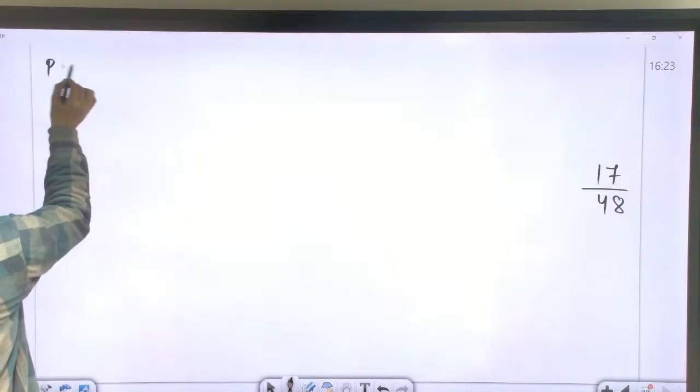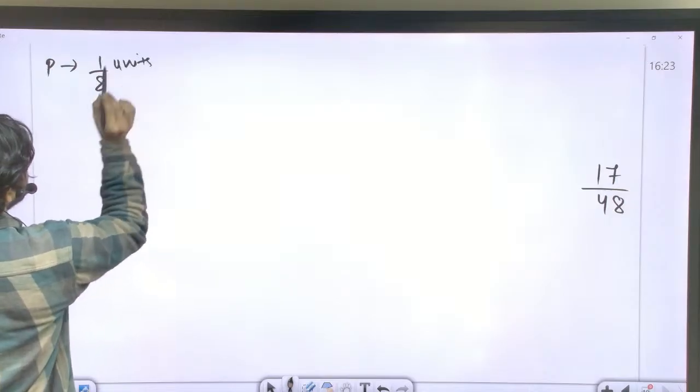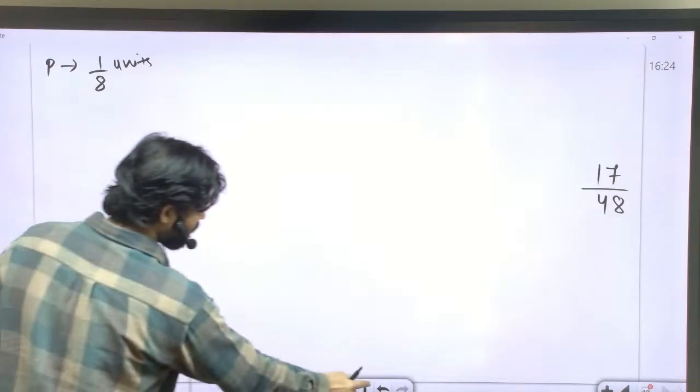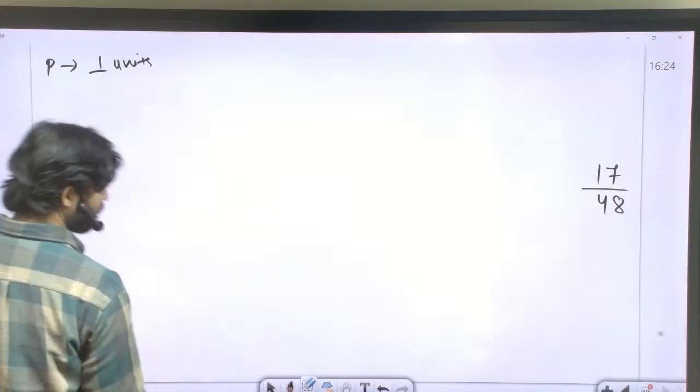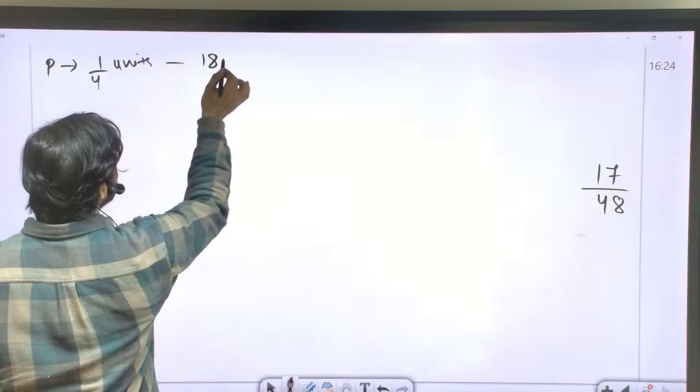This is the information about P. So P does 1/4 units of the work in 18 days.